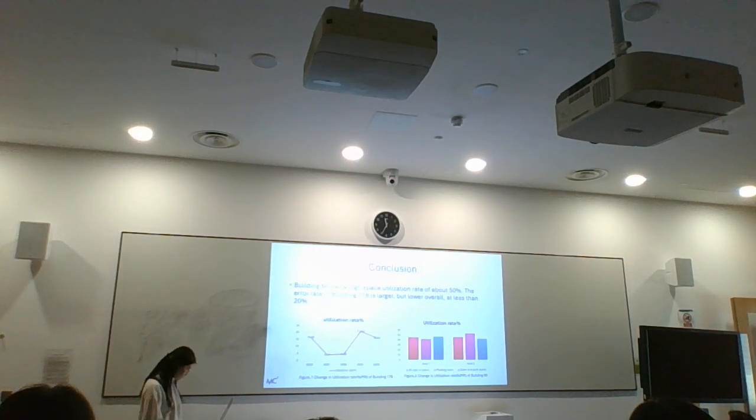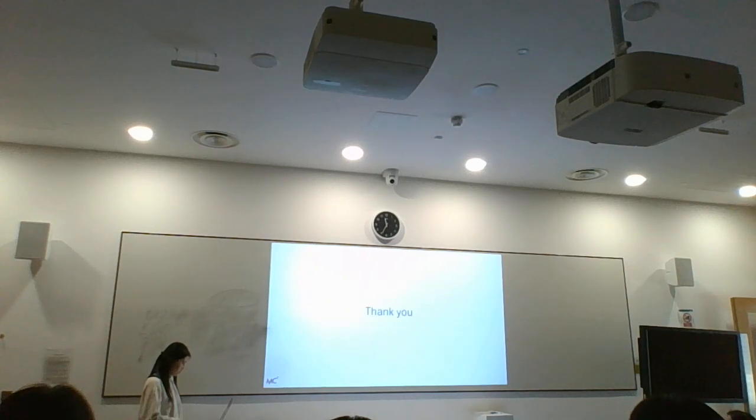For the building 60 case, I showed all types of space, meeting rooms, open and closed space, and the utilization rate is around 50%, sometimes fluctuating between 0% and 50%. The 0% happened in the holidays and after the exams. But in the semesters, it also approaches the peak occupancy rate of 100%. Thank you.